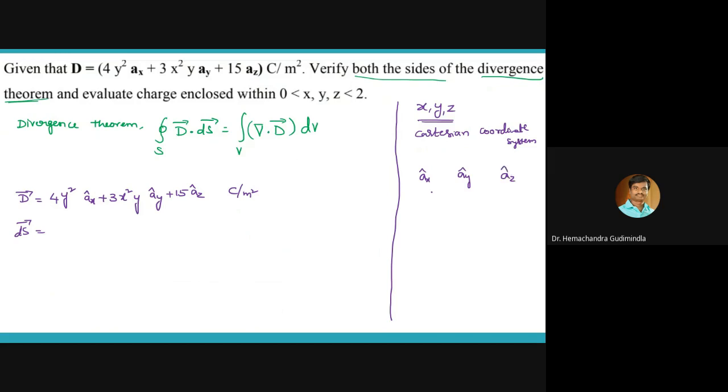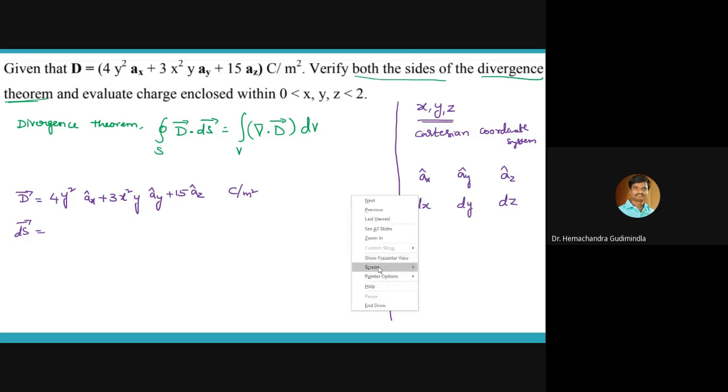Now, what are the differential lengths along the x-axis, y-axis, and z-axis? You just see here dx, dy, dz. This is the differential length, dl bar.